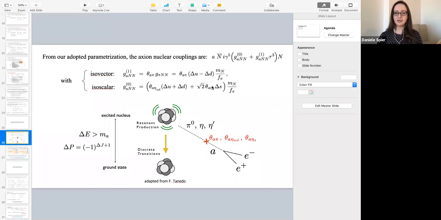Arkady, if you're saying something, perhaps you want to unmute yourself. Yeah, I'm sorry. When you are saying delta U minus delta D, I would say that it's just the pion-nucleon coupling constant, which you do know, right? The normal one. So your delta U minus delta D in this sense is known, or am I getting it wrong? No, that's exactly what I said. This quantity here is very well known from neutron beta decay.